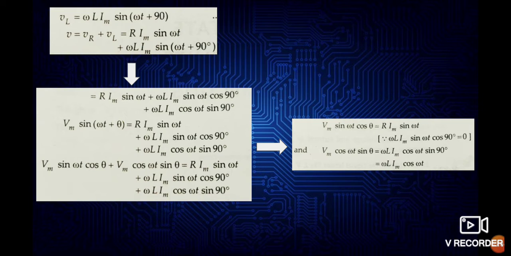Representing the real part, Vm sin omega t cos theta equals R Im sin omega t, since omega L Im sin omega t cos 90 degree equals 0. So Vm cos omega t sin theta will be equal to omega L Im cos omega t sin 90 degree, that is omega L Im cos omega t.